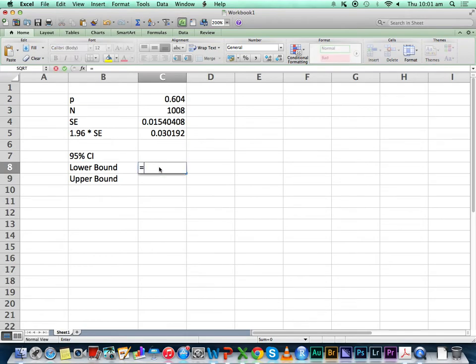The lower bound is equal to P minus this, and the upper bound is equal to P plus this. So you can report that the 95% confidence interval is from 57.4% to 63.4%.